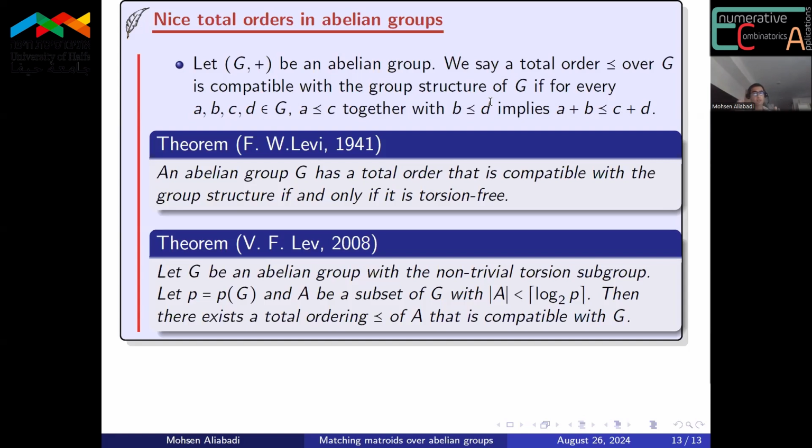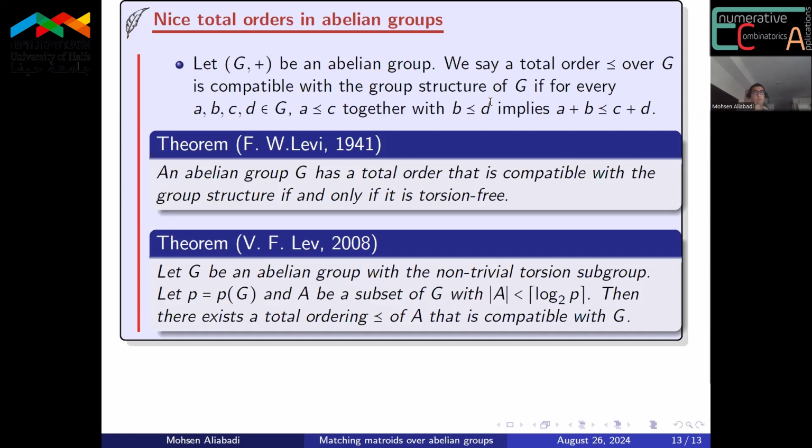It was proved in 1941 by Levi that in an abelian group, we are guaranteed such a total ordering if and only if our abelian group is torsion-free. And in 2008, Lev proved this for general abelian groups.